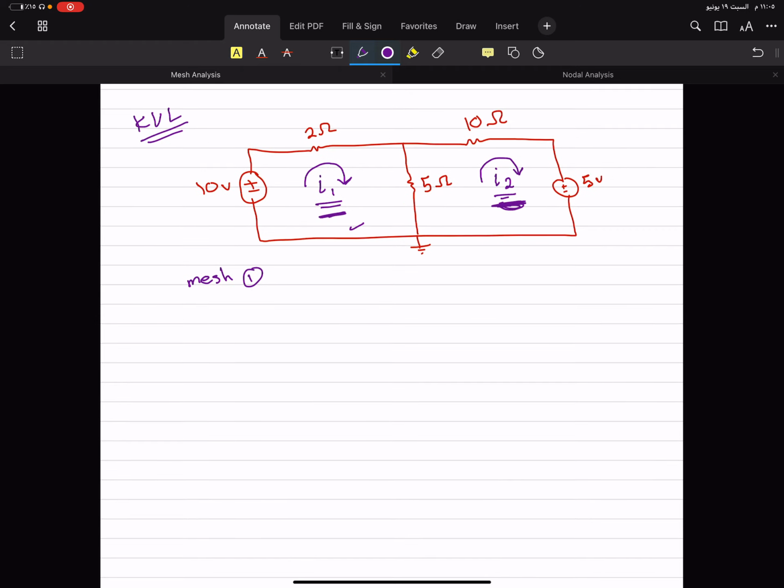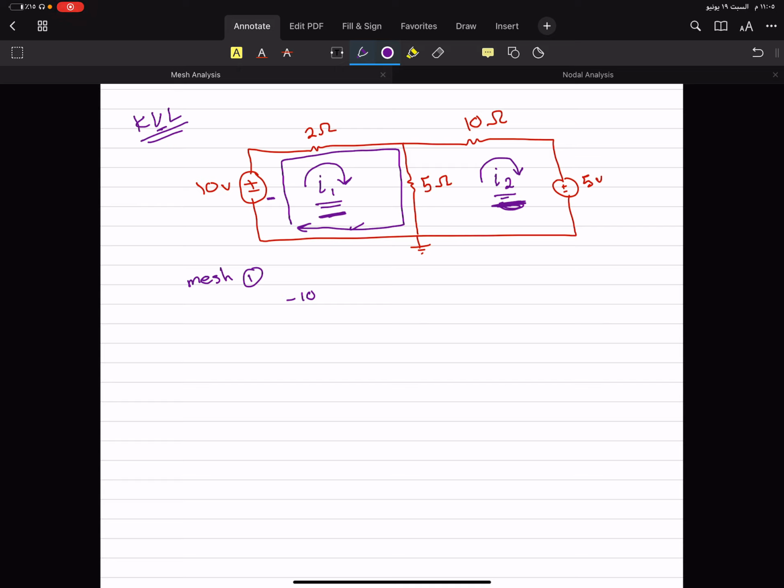The loop starts going here, here, and like this. The arrow goes from here and hits the negative sign, so it's minus 10. Then it comes here to the 2 ohms. Remember that this is KVL, Kirchhoff's voltage law. The voltage here is minus 10.